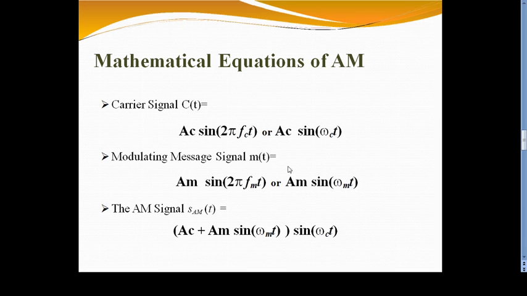So this is the carrier signal and the message signal in mathematical format in the time domain. Similarly, the combined AM signal in the time domain is (Ac + Am sin omega m t) sin omega c t. This is the complete mathematical equation of amplitude modulation.